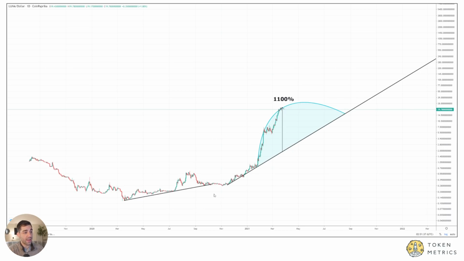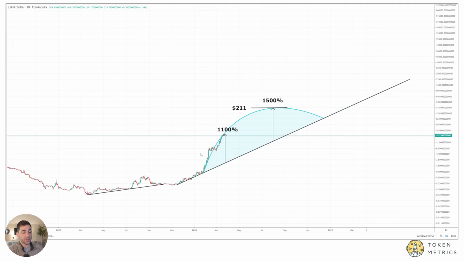But I've highlighted this trend line that we saw for Luna back in 2020, where we were on a linear trend line, mooned off of it, had two leg ups, and then came back down to retest it before going sideways and then continuing onwards and upwards. Just because I drew this pattern here doesn't mean that's the pattern I'm expecting it to follow.